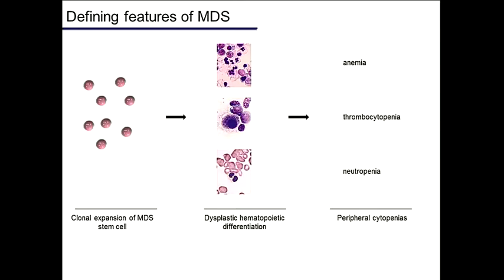Those mutations cause abnormal differentiation, and those cells don't successfully complete the differentiation process, and they ultimately end up with a deficiency of some of the terminally differentiated cells, including anemia, thrombocytopenia, and neutropenia. So those are the defining features of MDS, and really the difference between MDS and AML is defined by a random number of blasts in the bone marrow, but genetically they probably form more of a continuum.